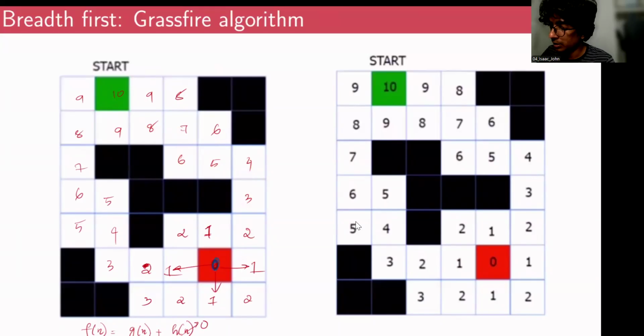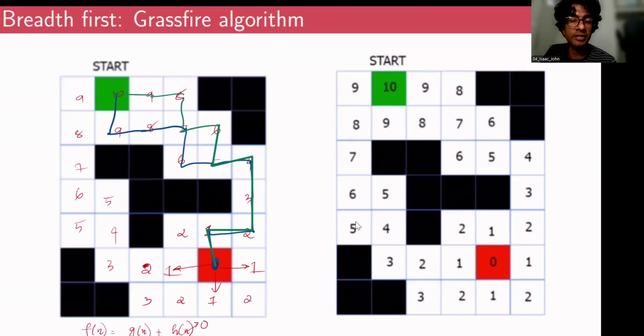If you start from the goal position and backtrack like so, 1, 2, 3, 4, 5, 6, 7, 8, 9, 10, this is a feasible path. And this is also another feasible path: 1, 2, 3, 4, 5, 6, 7, 6, 7, 8, 9, 10. So that also spends the same amount of energy as compared to the blue path.